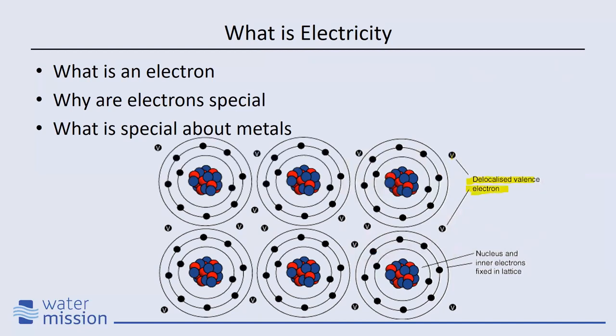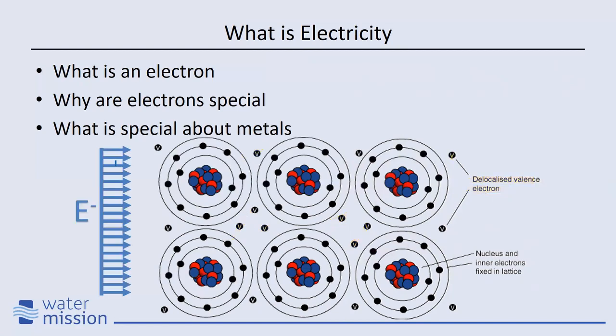What that means is these outermost electrons are very loosely held onto the atom. They're held into the material as a whole strongly, but they're allowed to move between the different atoms. So they're delocalized.